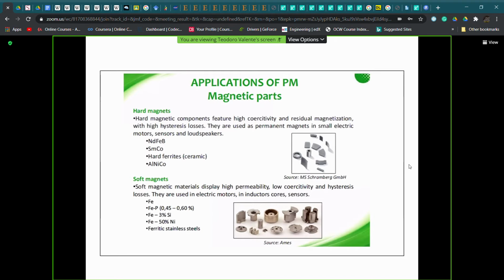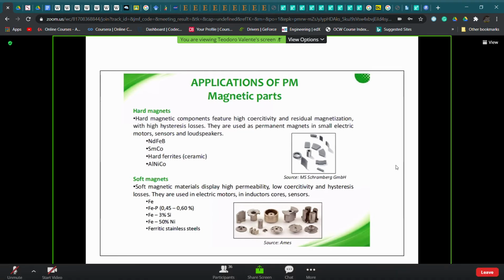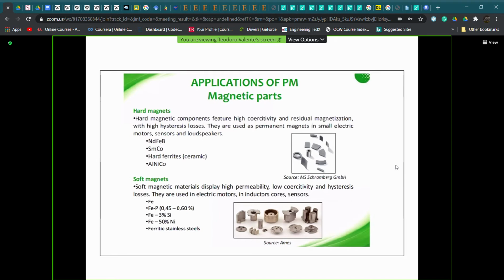The most performing up to now at industrial level, I would say, not at lab level, are those based on the powders that we mentioned before, that is neodymium, iron, and boron. We can have also soft magnets, which display higher permeability, low coercivity, and so lower hysteresis losses.